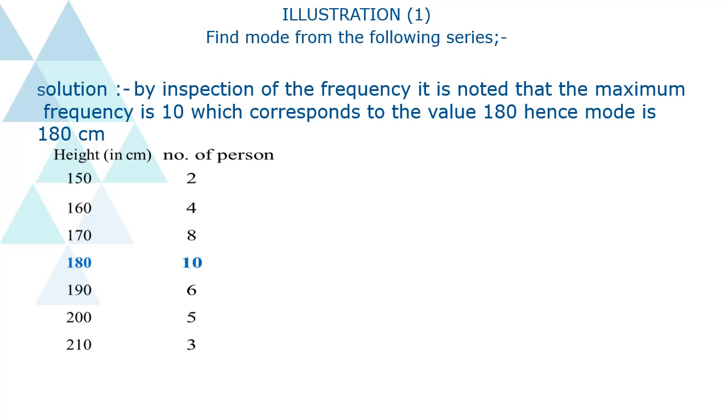The highest frequency and the corresponding value of X would be the mode for us. In this problem, the highest frequency under number of persons is 10 and the corresponding value is 180 centimeters, so the mode is 180 centimeters.